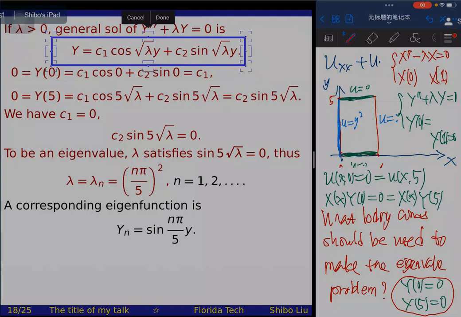So this is the reason that Y_n is sine of n pi over phi multiplying y. Okay, so up to now we have solved the eigenvalue problem. We know that we have a sequence of eigenvalues lambda_n, n from 1, 2, and so on, and we also find the eigenfunction. Okay, so this is the solution of the third question.